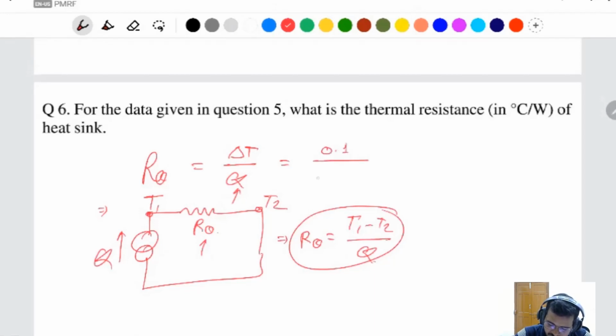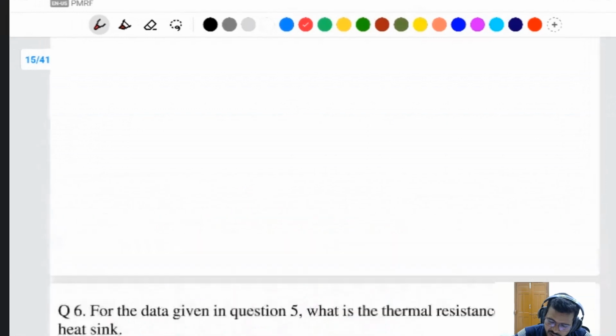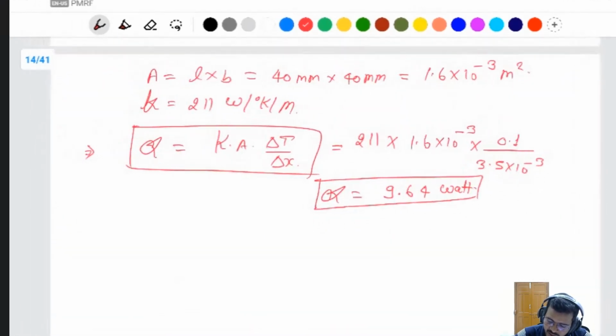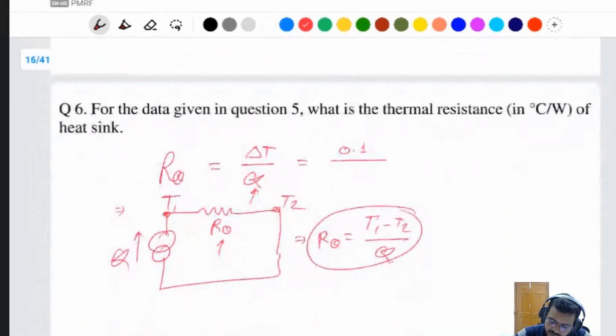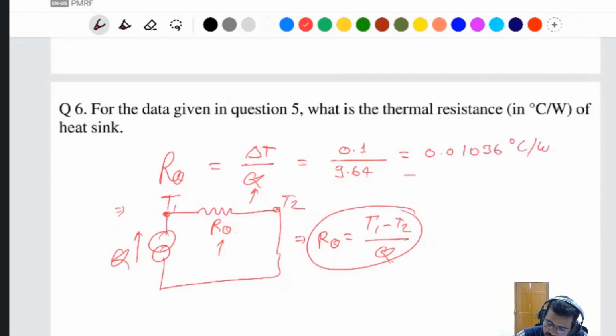This will be Q; I have calculated already Q, 9.64. This will be 0.01036 degree centigrade per watt, or you can say 10.36 per milliwatt.